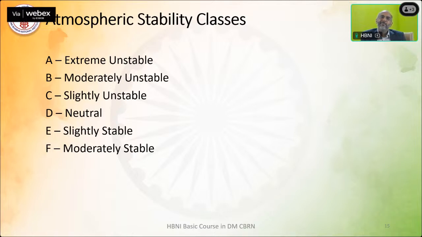But at the same time, the villages in and around the site are very few. So there are many factors that come into play, and the stability class is an important aspect that governs the dispersion and the overall impact of any releases of pollutants, in general in all CBRN emergencies.